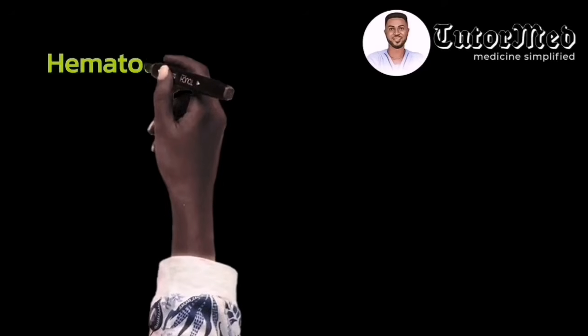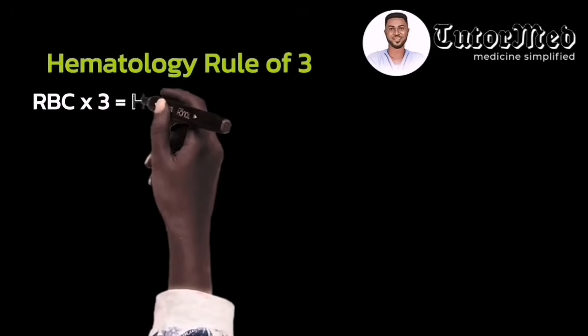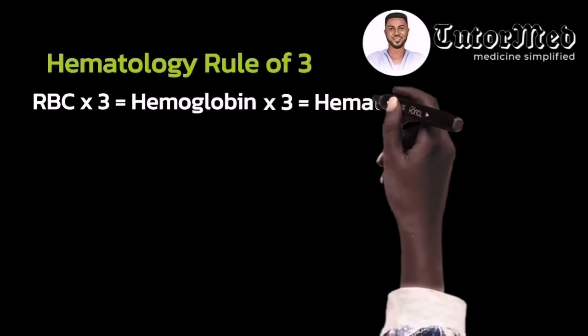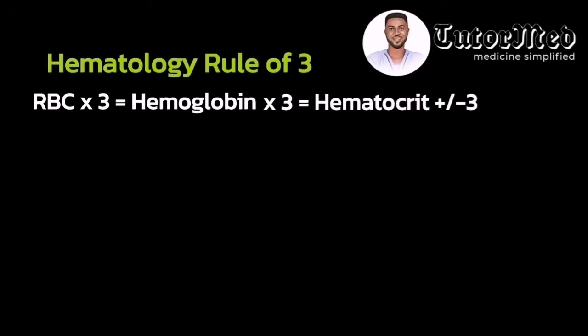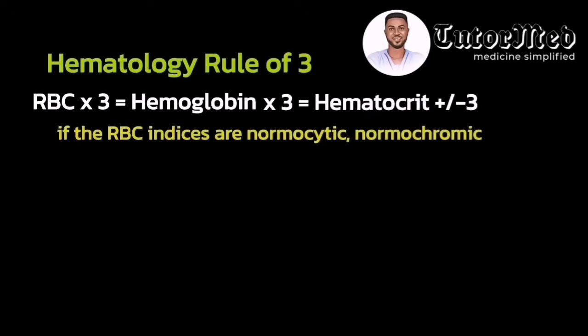Now let's see how to illustrate this. There is a concept in hematology called the hematology rule of threes, which states that the RBC multiplied by 3 should give you the hemoglobin, and that answer multiplied by 3 should give you the hematocrit plus or minus 3. And this rule is valid if the RBC indices are normocytic, normochromic.